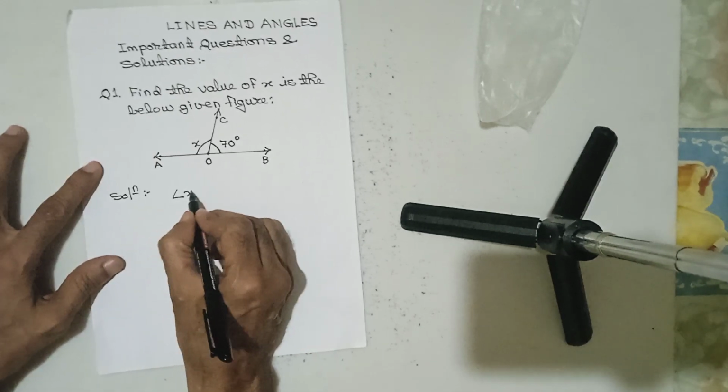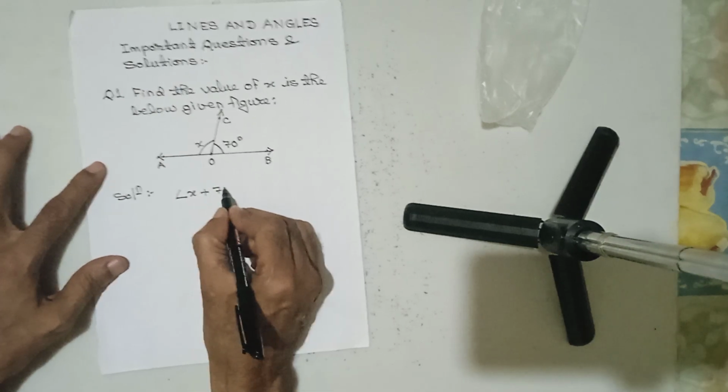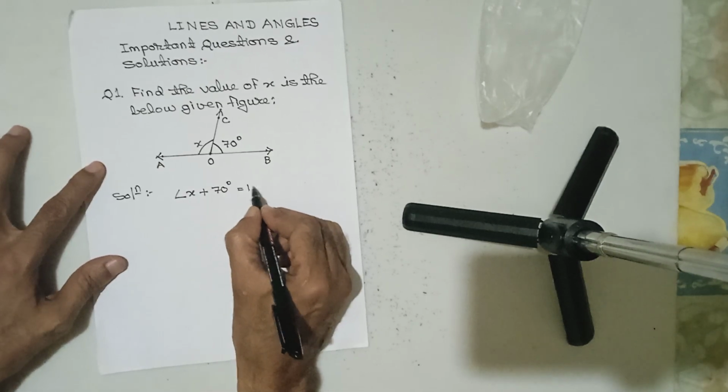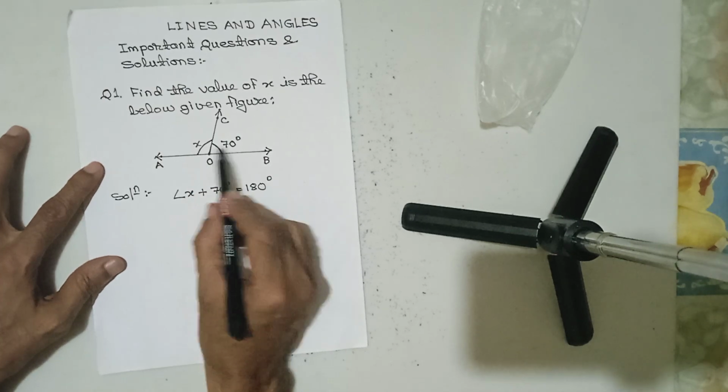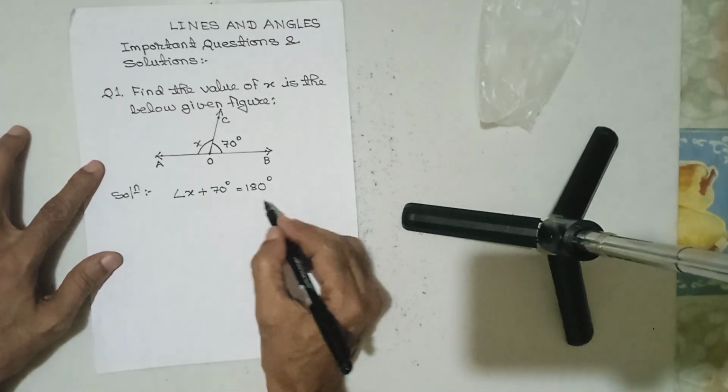Angle x plus angle 70 degrees is equal to 180 degrees. Both are a linear pair, as I had explained.